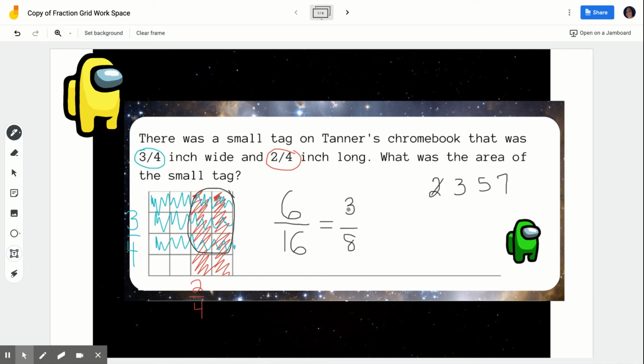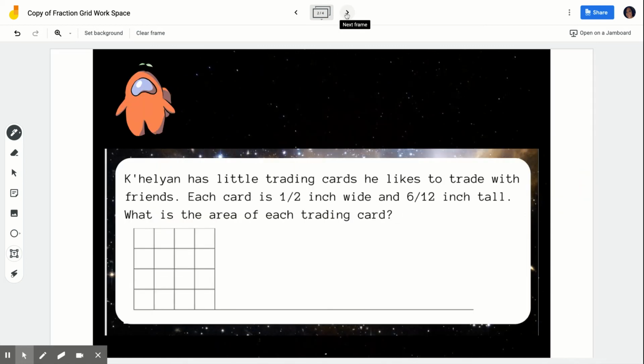The answer is no. Can I divide both numerator and denominator by 3? The answer is no. 5 and 7 become too large because they're bigger than this denominator, so they're out as well. So what is the area of the small tag? The area is 3/8 of an inch. Okay, let's take a look at the next problem. One more example.